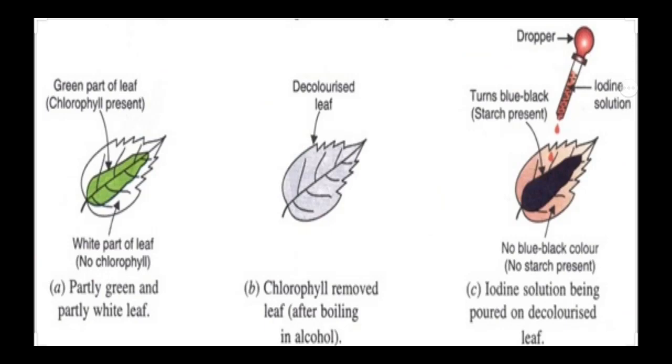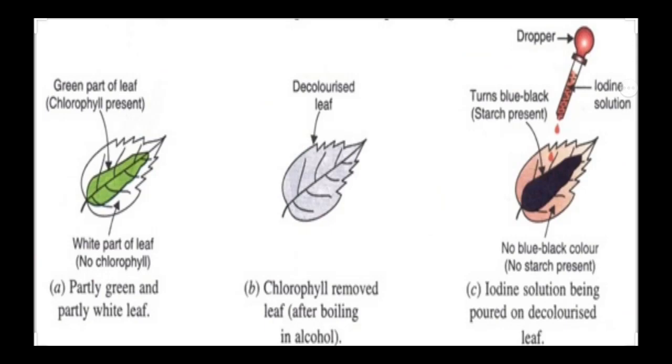Now, we decolorize the leaf. How do we decolorize it? I just said it. We boil it, then we dip it in ethanol. After some time we wash it, then we add to it the iodine solution. We can see that only the green part that has the chlorophyll was able to undergo photosynthesis, make its own food and make starch.